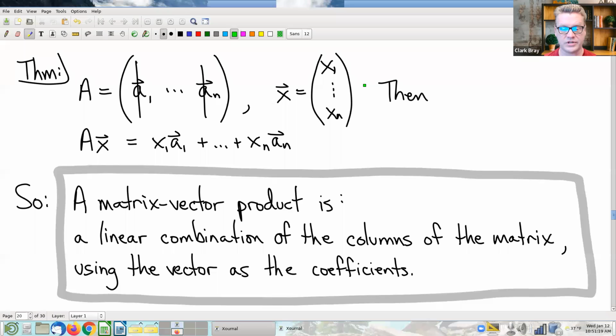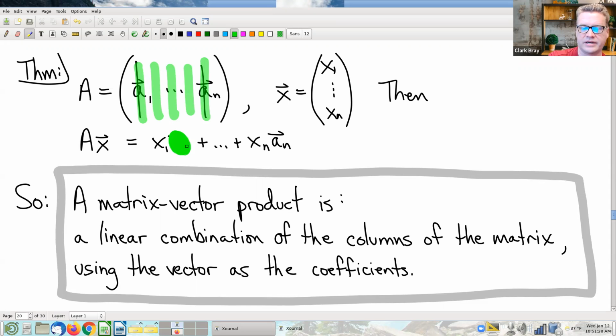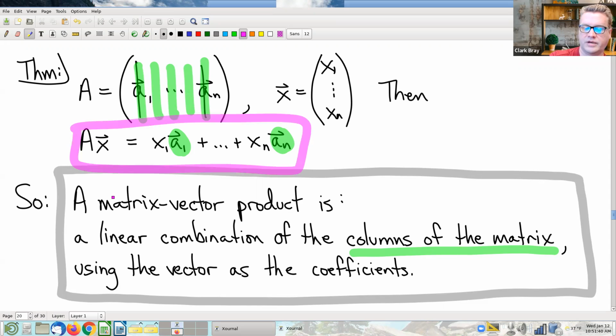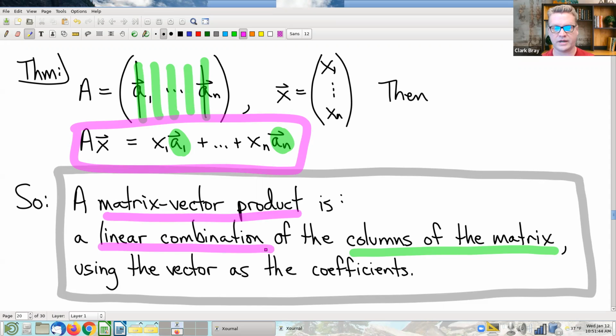So the one I want to pitch here is that when you multiply a matrix times a vector, what you're doing is taking a linear combination of the columns of the matrix. So a matrix vector product is a linear combination of the columns of the matrix.